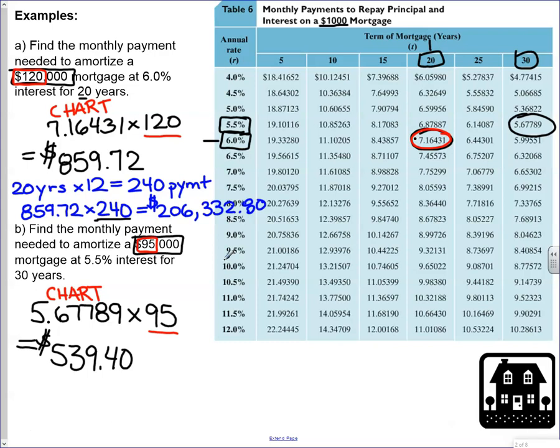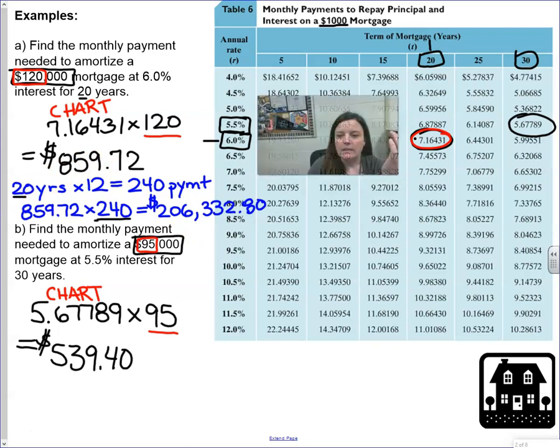So you do pay a lot of interest on a mortgage because it's usually for a very long period of time, like 20 or 30 years. So I guess one of the things I would say is when we talk about these mortgages, some things to think about if you are getting a mortgage or you are buying a house, or thinking about it in the future is try to do the shortest term possible.